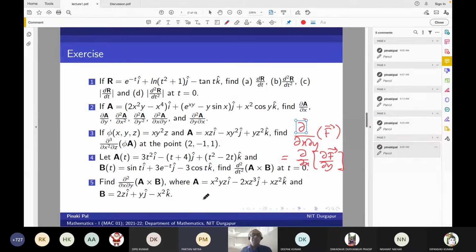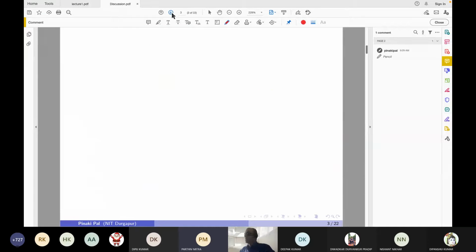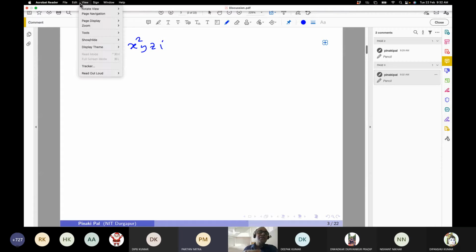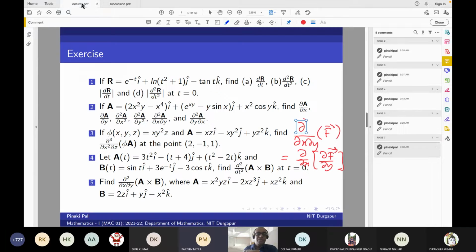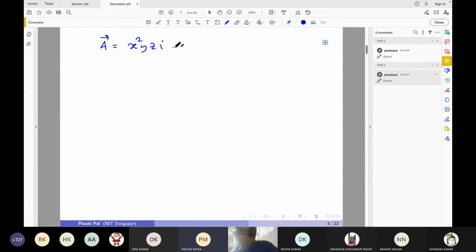Okay, so A is equal to x square yz i, minus twice x z cube j, plus x z square k. I have two vectors.